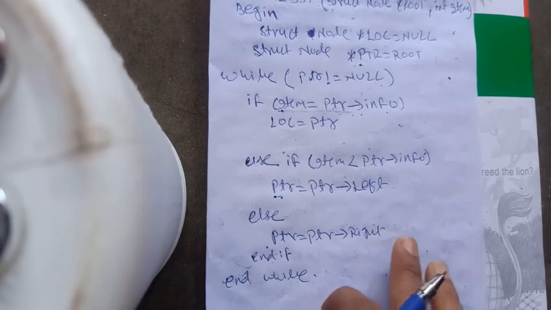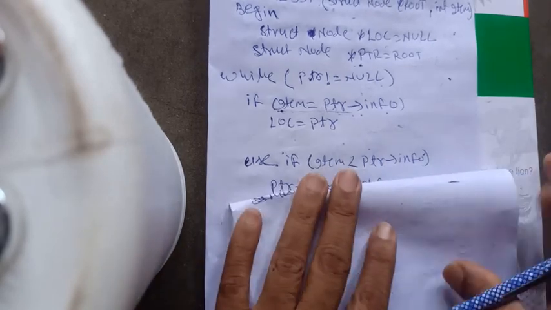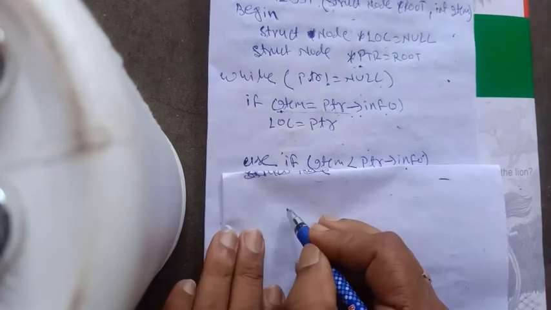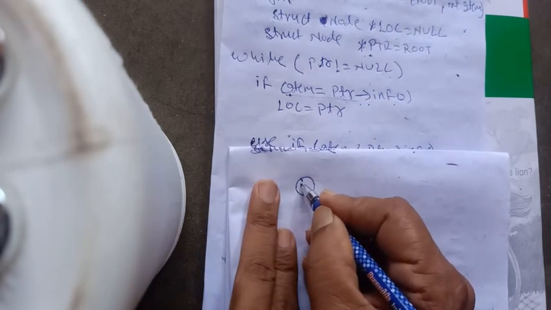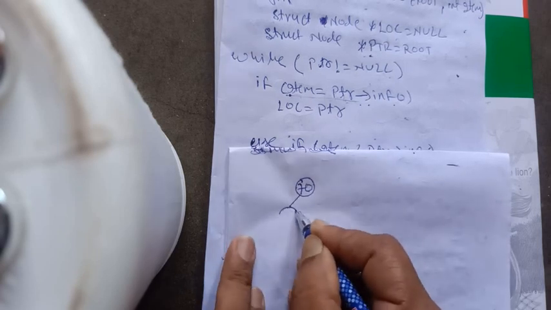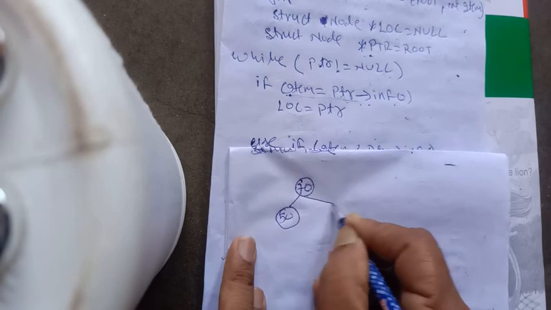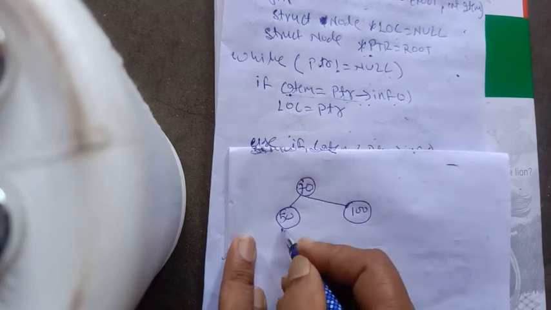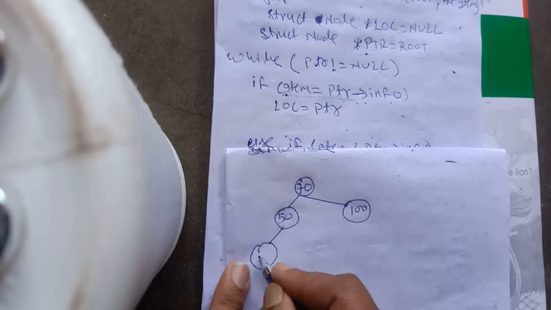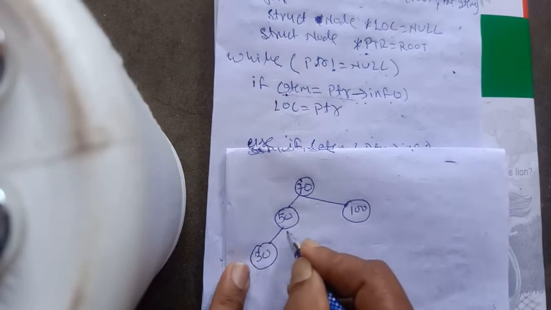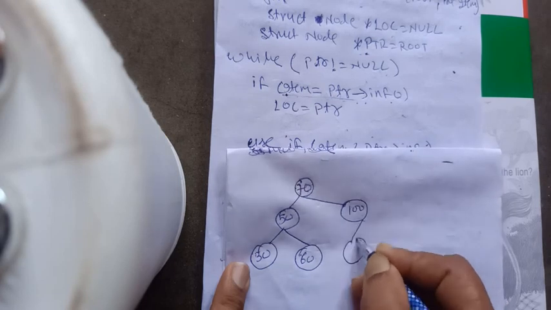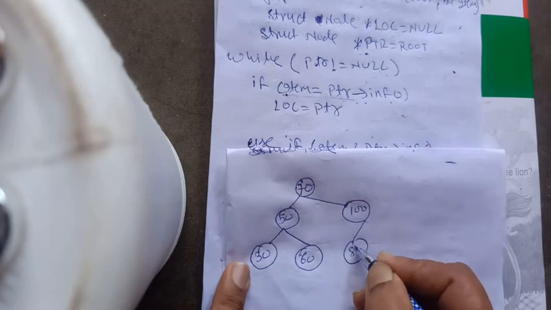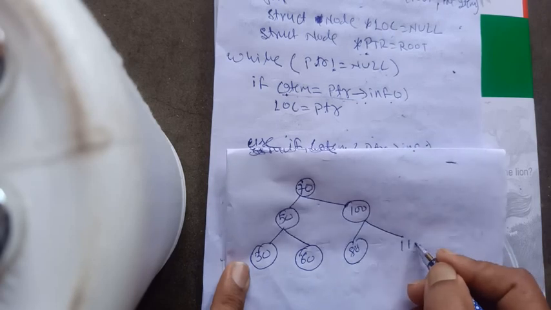Now suppose we have a tree like this: 70, 50, 100, 30, 60, and let's say 80 and 110.